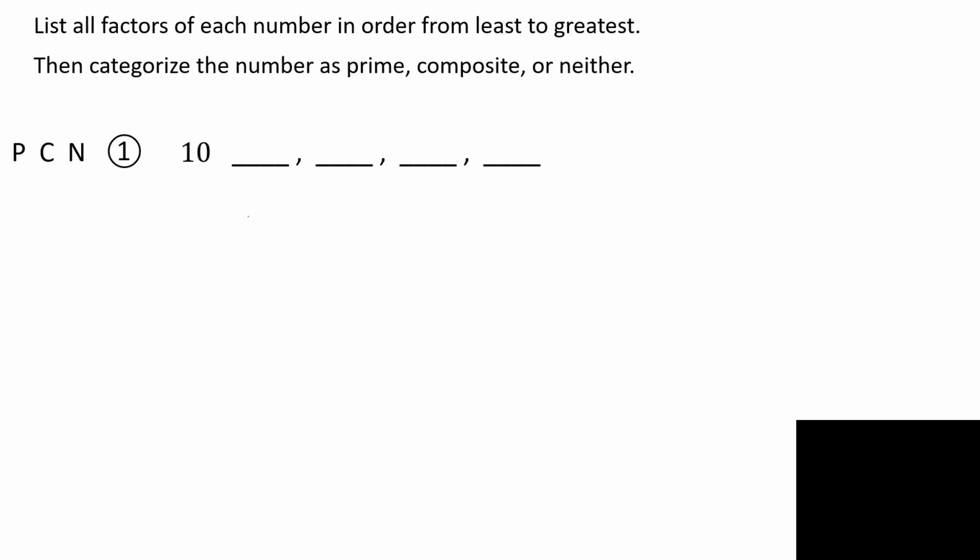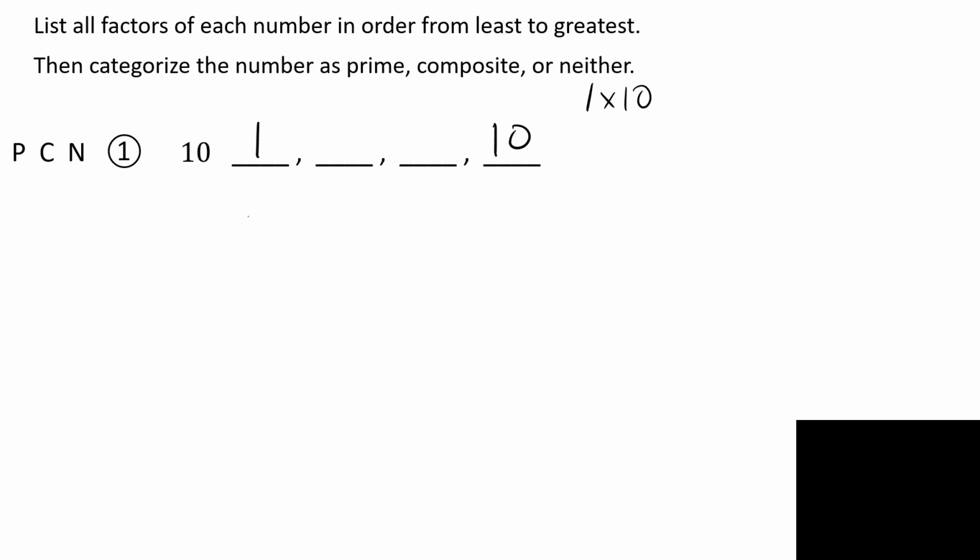Question number 1, we're looking at the number 10. Now, I want to make sure I get all the factors in order from least to greatest. So obviously I can do 1 times 10, but notice where I place the 1 and the 10. 1 will be the least of the factors, 10 will be the greatest of the factors. I'm helping you out because I've got the blanks provided.